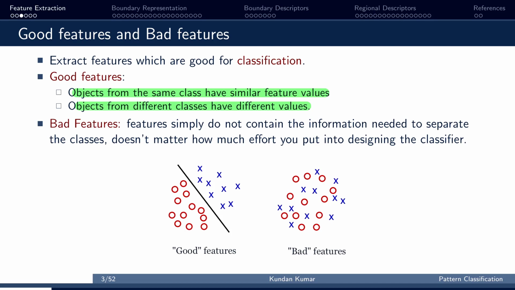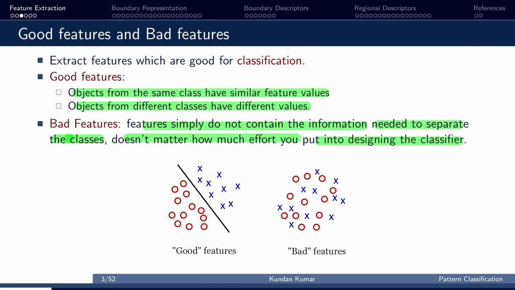That is the characteristic of good features. If we don't obtain these characteristics in some features, then we can say that the features are bad. That means the features simply do not contain the information needed to separate the classes, so they are not capable of separating the different classes that we want to separate, no matter how much effort we put into designing the classifier.